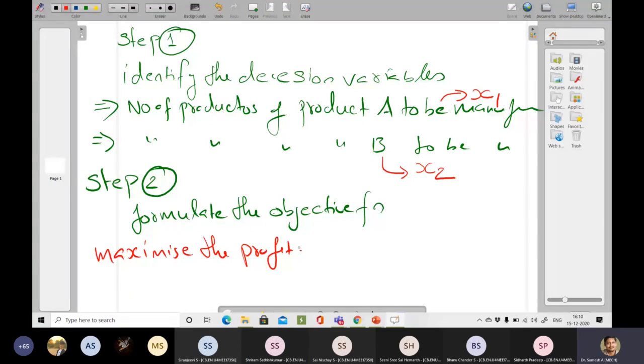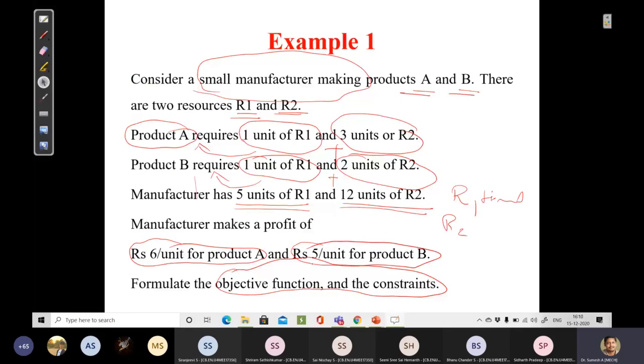If you want to maximize it, the selling price of 1 unit of x1, that is product A, is 6, and of one product B is 5. So if you add 6 into x1 plus 5 into x2 and it is maximized, you will get the maximum profit. I'll write it in equation form.